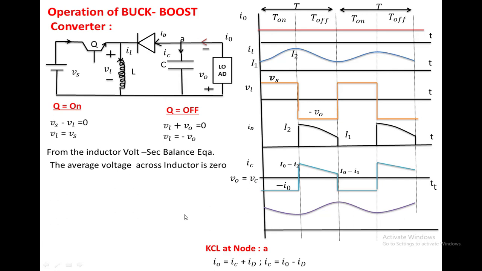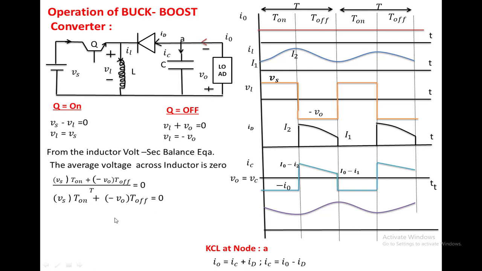To find the average output voltage, we apply the inductor volt-second balance equation. The average voltage across the inductor is 0 over one switching time period. So (Vs into T on plus minus V0 into T off) divided by T equals 0. Cross multiplying, we get Vs into T on plus minus V0 into T off equals 0.